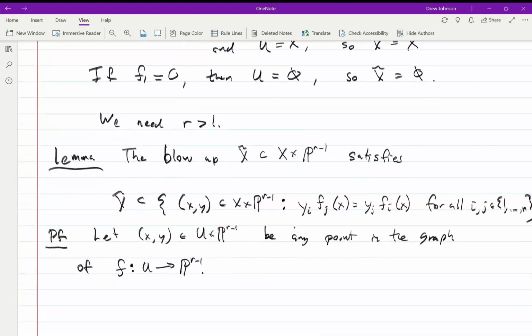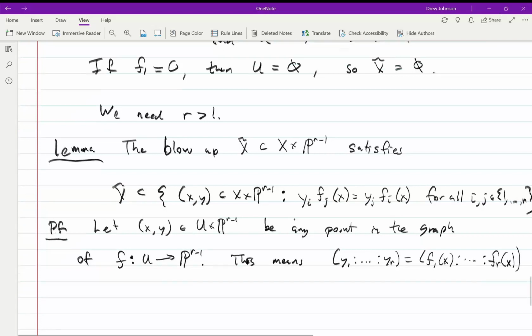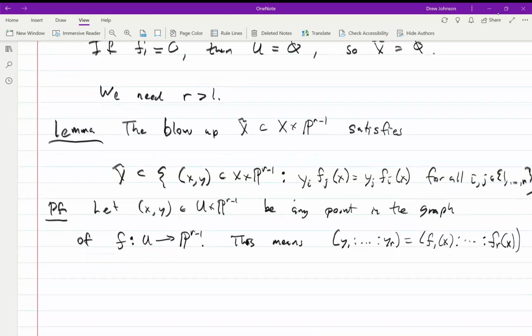Then being in the graph exactly means that the y's are given by f applied to x. That was the definition of the map f and the definition of the graph. But this condition is equivalent exactly to these equations: y_i f_j of x equals y_j f_i of x. Why is that?